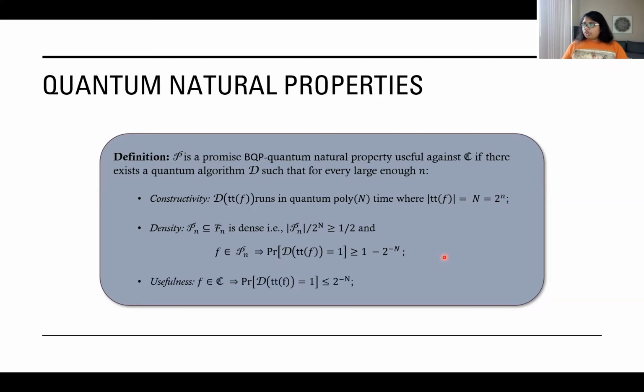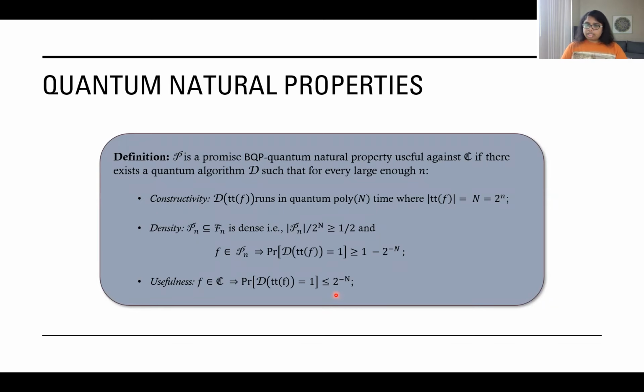And if you don't, on the flip side, it is useful because anytime the function is in the circuit class, you reject with very high probability, or you accept with very, very small probability. And this separation gives you the promise behavior and satisfies the fact that it's a quantum natural property. So it's easiest to think of it as just a quantum algorithm that satisfies certain conditions.